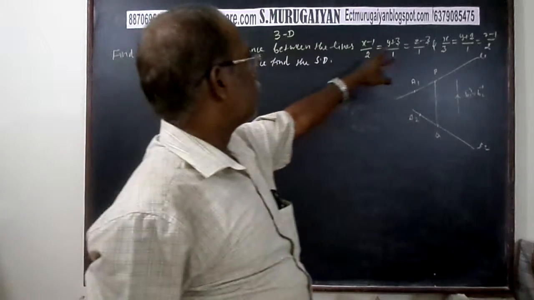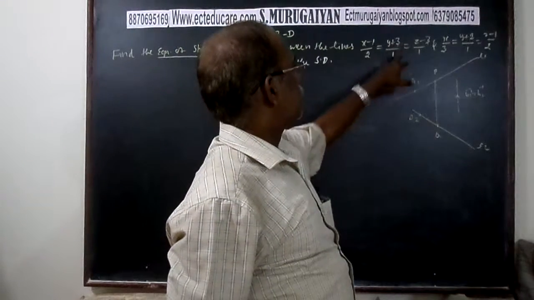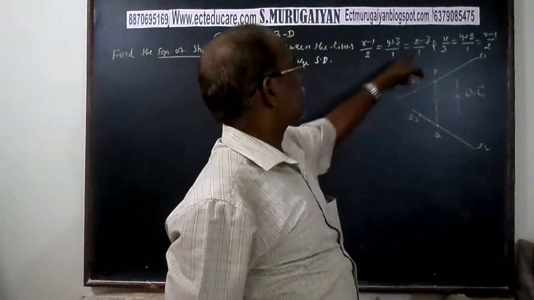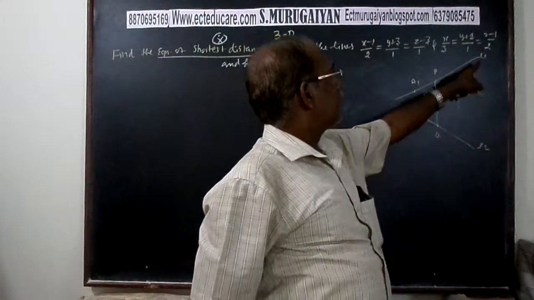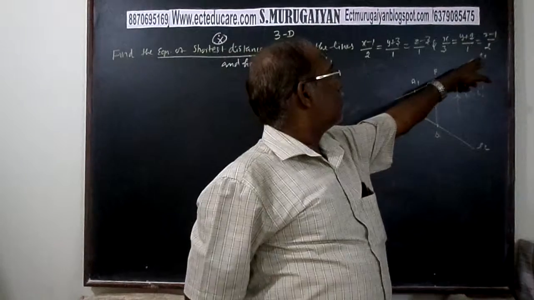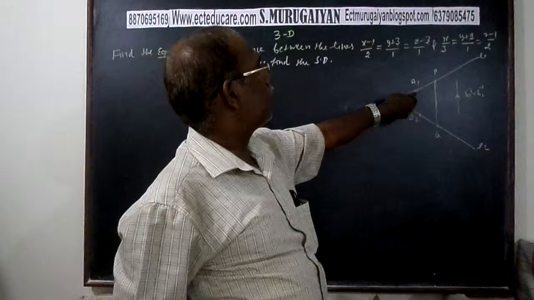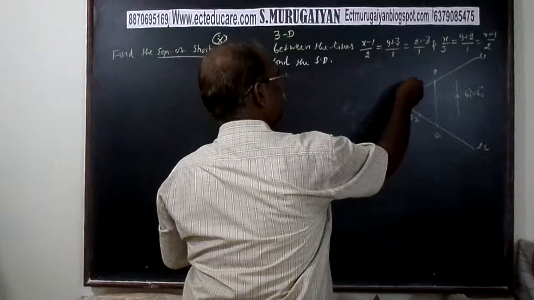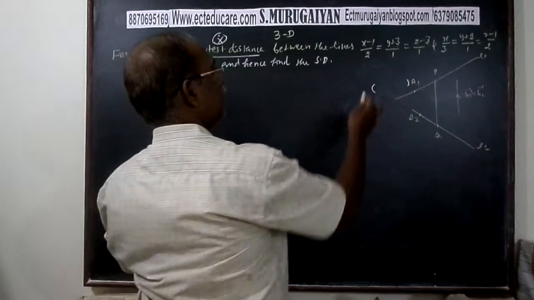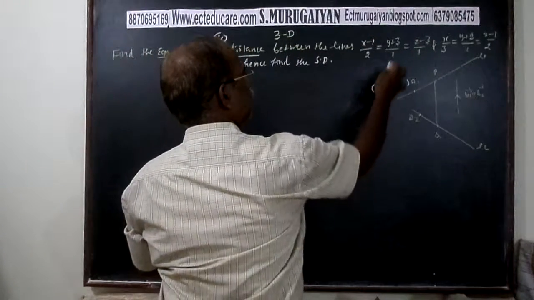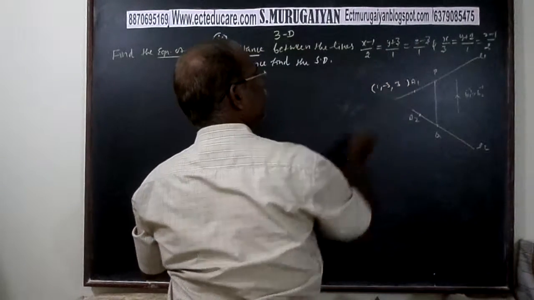So we are given two equations in three-dimensional space: (x minus 1)/2 = (y plus 3)/1 = (z minus 3)/1. This is the first line. This is the second line. Geometrically we can understand the first line L1 passes through a known point A1. The coordinates of the known point can be taken from the given Cartesian form of the straight line: x minus x1 is 1, y minus y1 is minus 3, z minus z1 is 3.